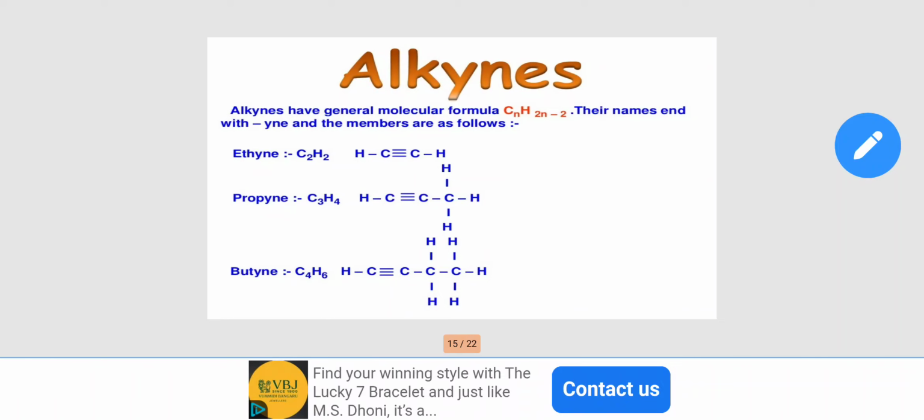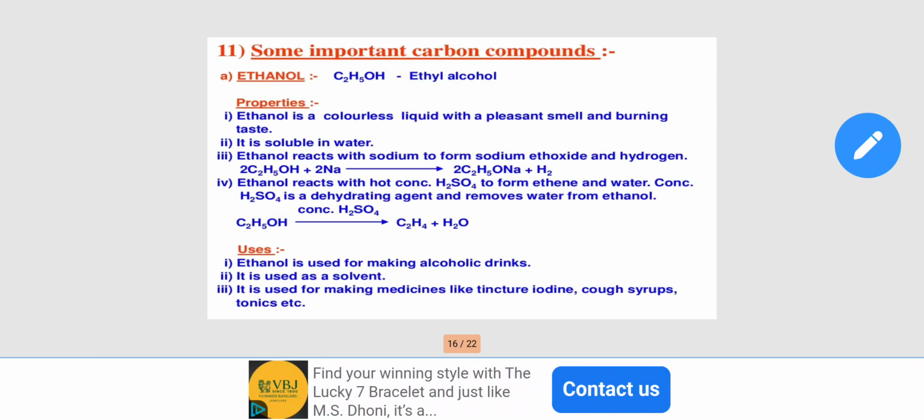Next, alkynes. Alkynes have the general molecular formula CnH2n-2. Their names end with YNE and the members are as follows: ethyne C2H2, propyne C3H4, butyne C4H6. Okay, you can remember this homologous series.